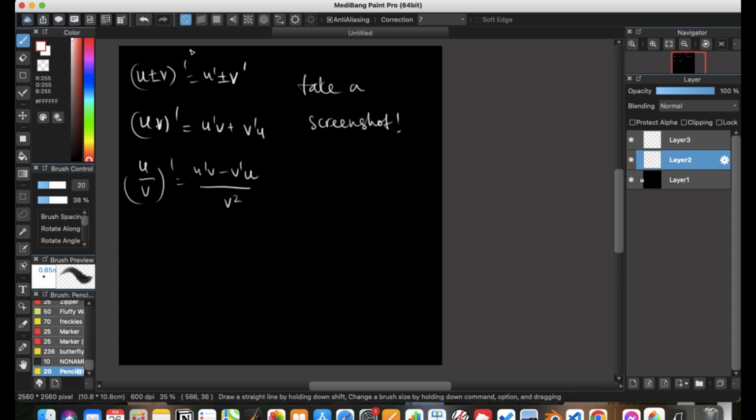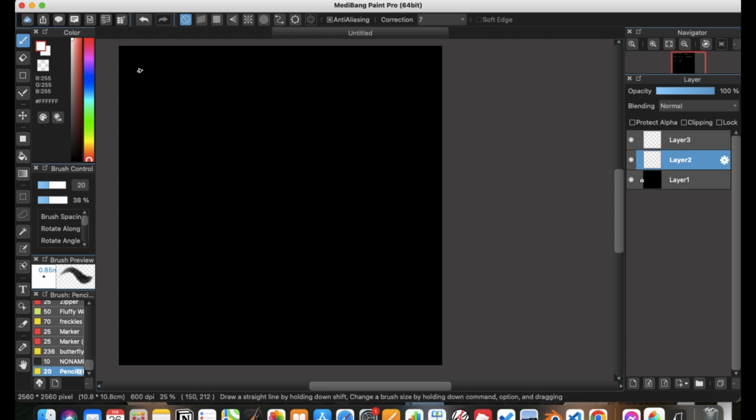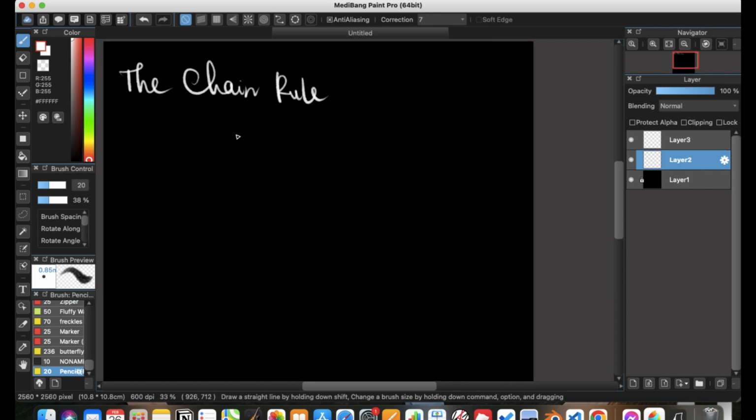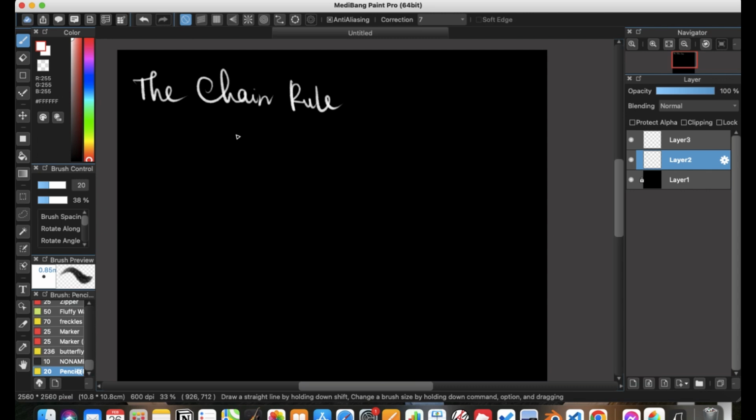So next we're going to talk about the chain rule. The chain rule. So basically, finding the derivative of a function is like taking apart an onion, because, well, if you have a function like this, how would you do it? Let's take a look at this function.